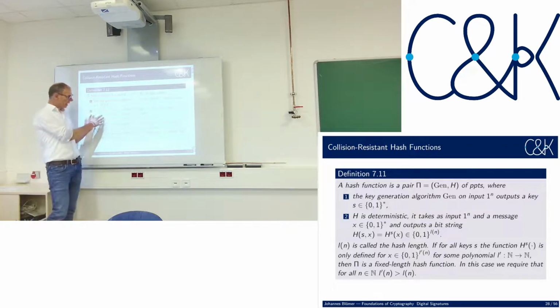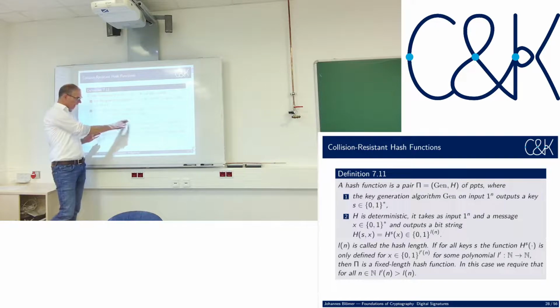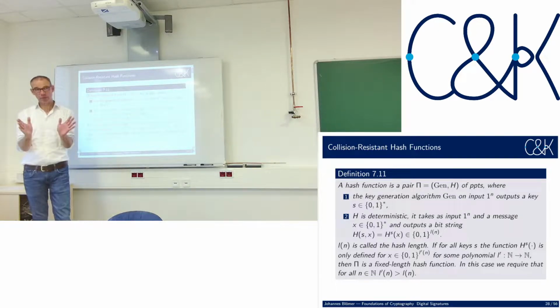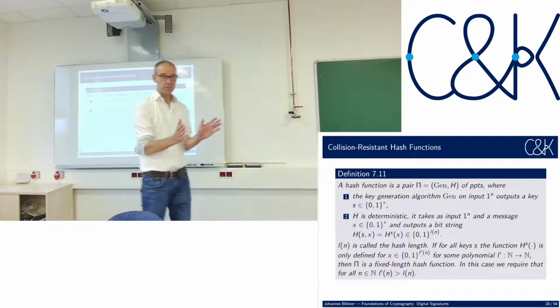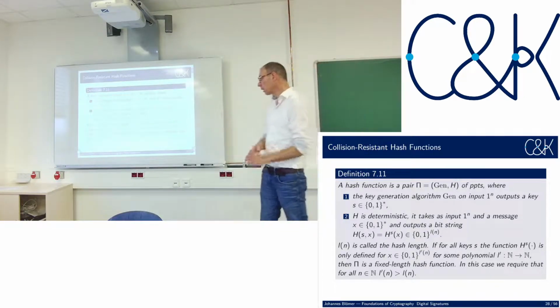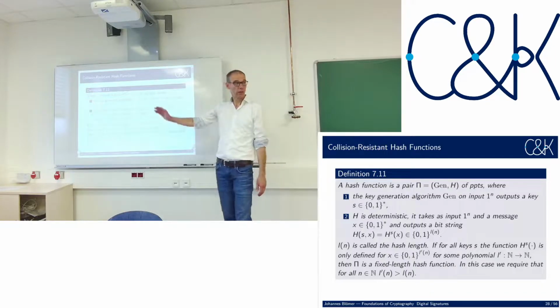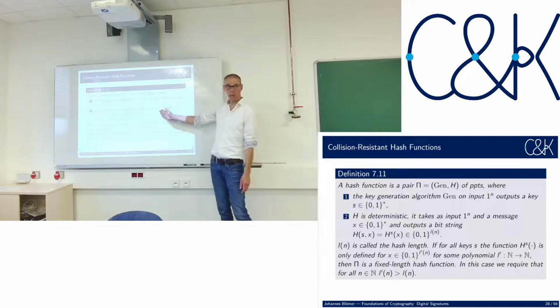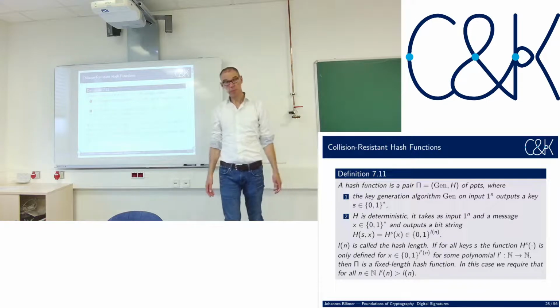So in any case, even if this is arbitrarily long, or for fixed lengths, the hash values are shorter than the messages. And then we call it a fixed length scheme. So ultimately, we want something like this. When we construct those things, usually we first construct a fixed length scheme, and then by some general techniques, we go to this. Okay.